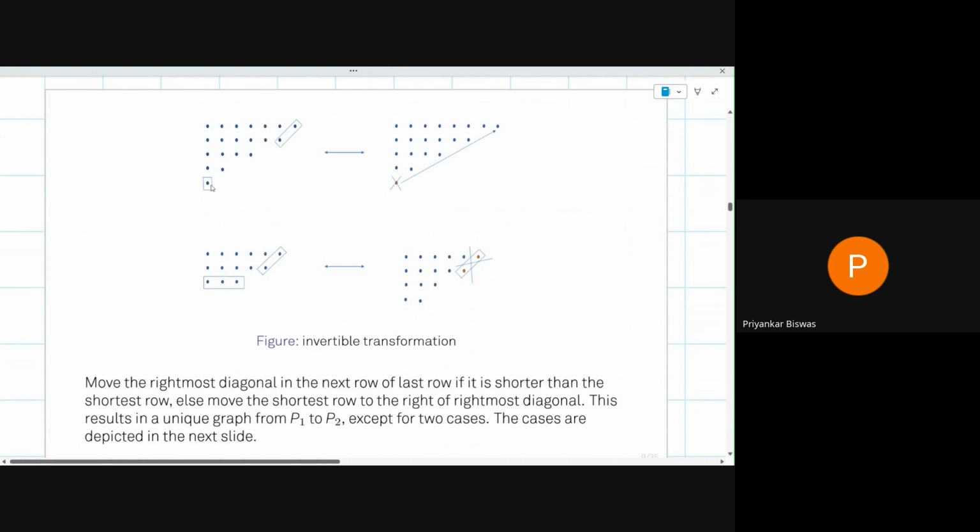If it is smaller than the smallest row, then cut it and shift it here. And if it is not smaller, if they are equal or the row is smaller, then cut the smallest row and put it in this diagonal form. Say if we have here 2, we'll take it from here to here and make it a diagonal of length 2. Is the transformation fine? Or should I give an example?